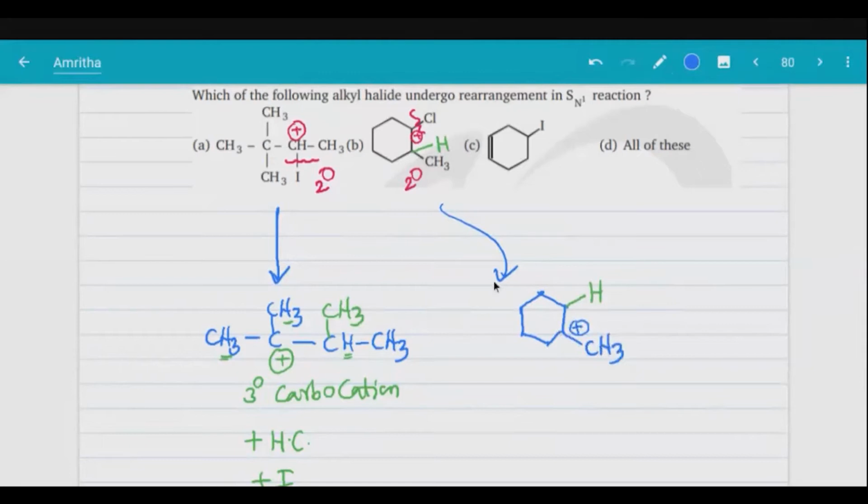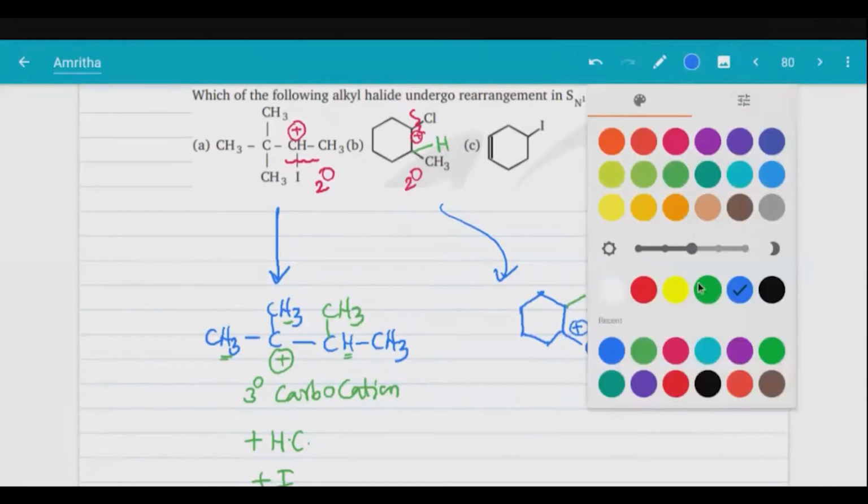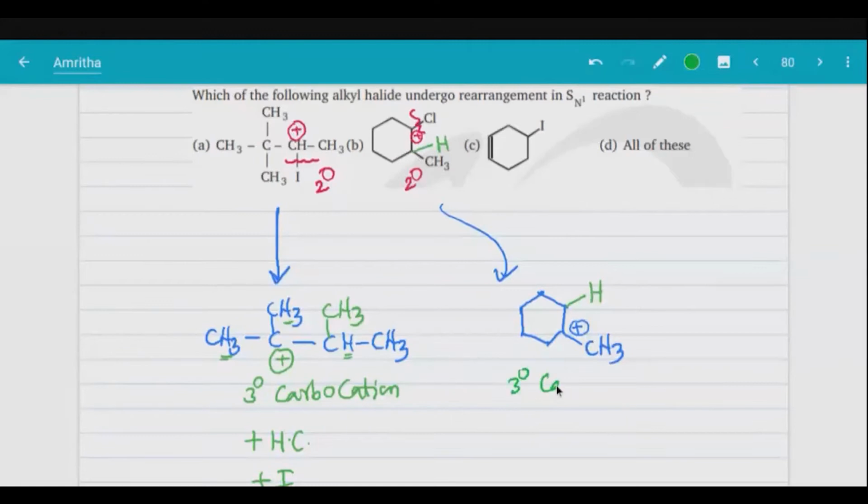This is tertiary now. See, secondary to tertiary. Yes, it is possible. It is stable. Again, it is stabilized by hyperconjugation. It is stabilized by inductive. Okay, there is no resonance here.